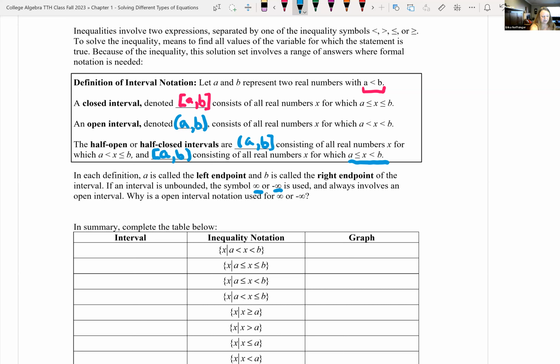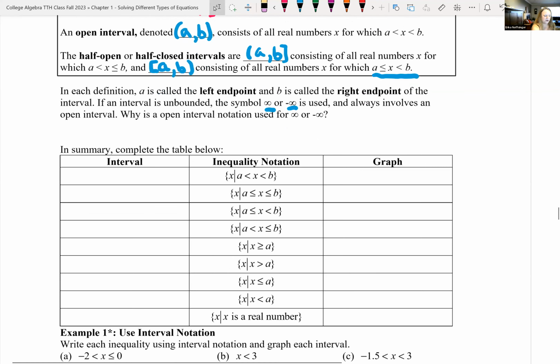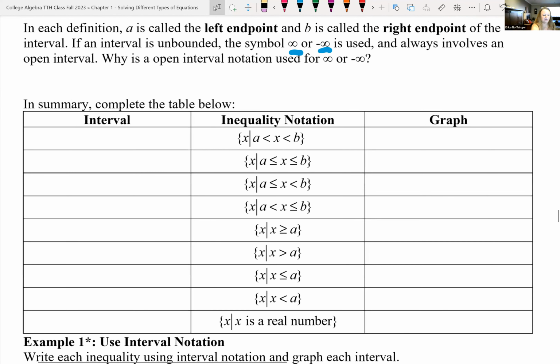Looking at the following, we have set builder notation, and inside that set builder notation is our inequality. We want to give the interval that represents the inequality, and graph our solutions on the number line.